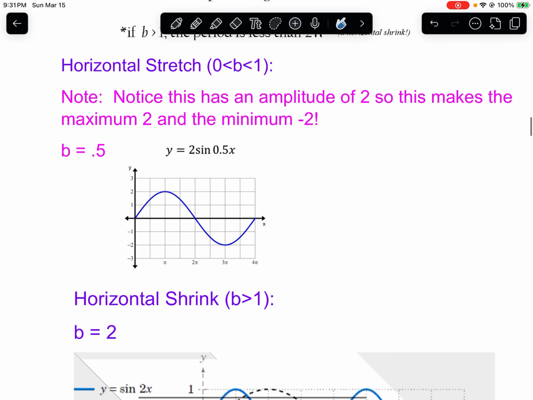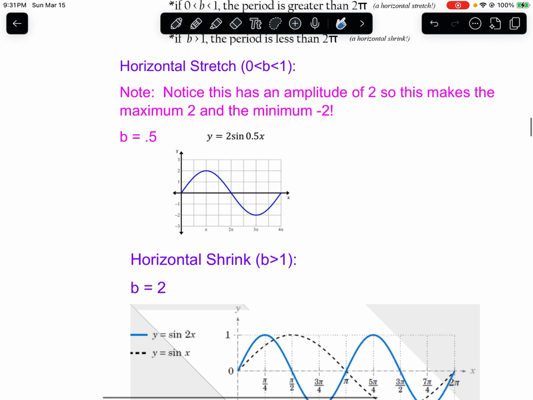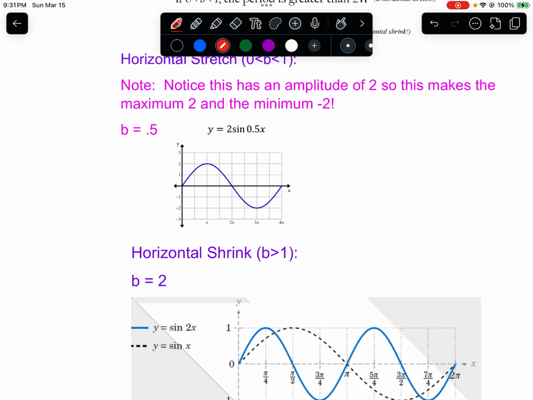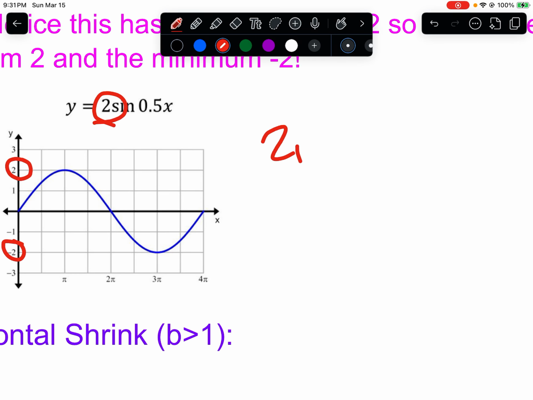Okay. And so here's a couple of quick examples of what some different things would do. If we've got, again, 2 sine x, it changes our amplitude up to 2 and down to -2.